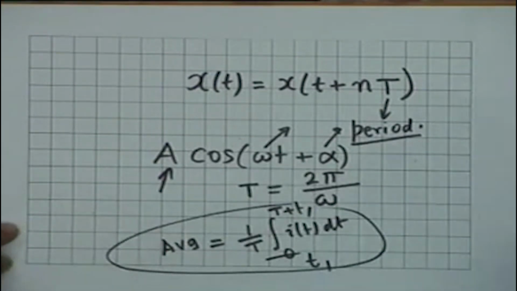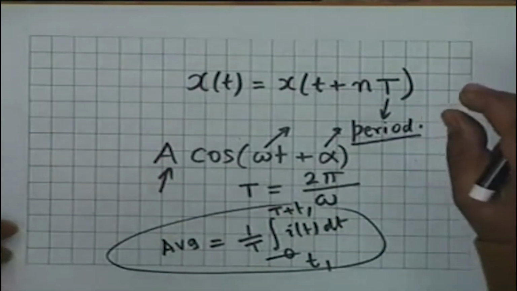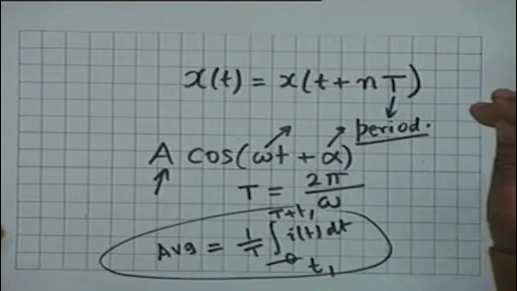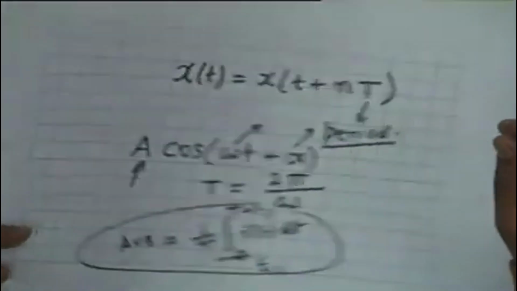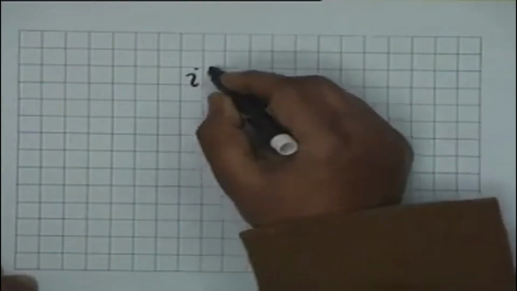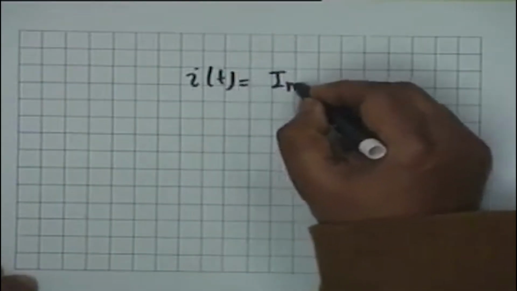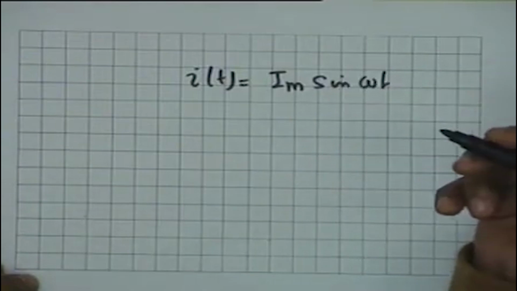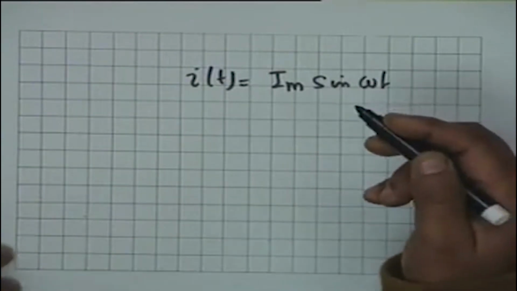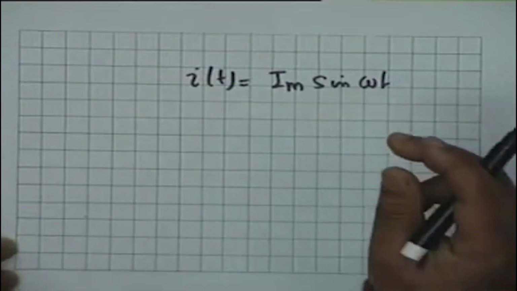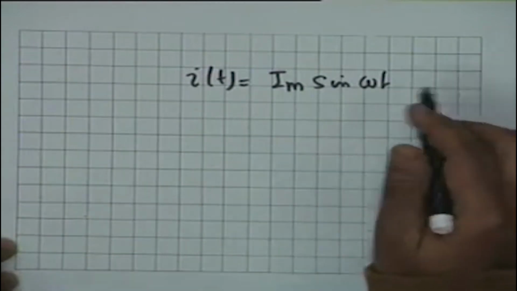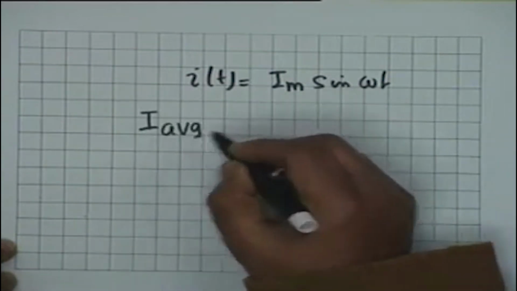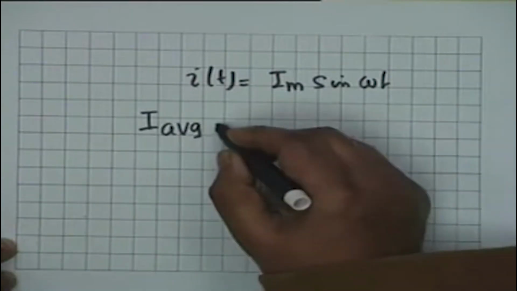As I had commented, if it is a sinusoid, then over a complete period the total area under the curve is 0, and therefore the average value strictly is 0. So for a sinusoidal waveform like i(t) equal to Im sine omega t, it does not make sense to talk about its average value over one time period, and therefore for a sinusoid the average is considered over half the time period.